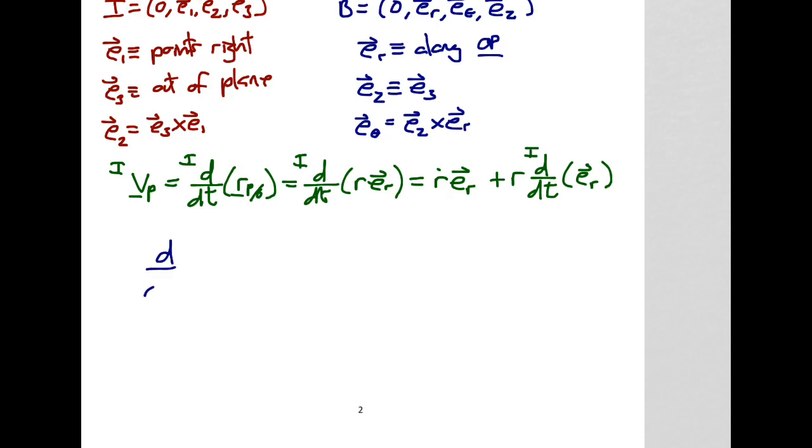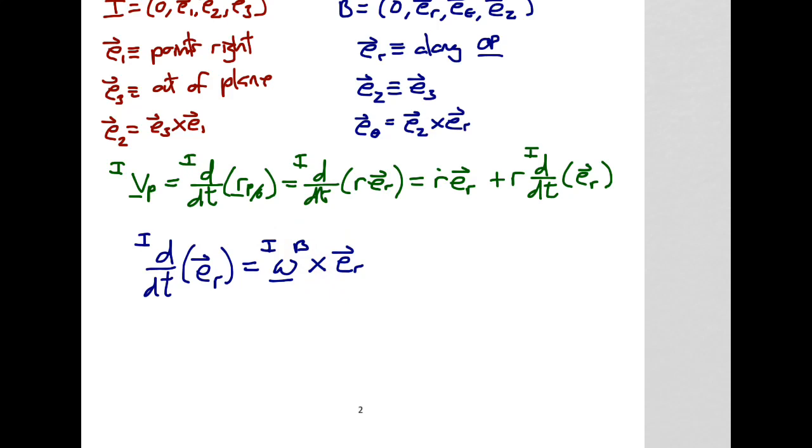d dt, the time derivative as observed in the inertial reference frame of the unit vector E sub r, is equal to, here's a new vector, omega b as observed in the inertial reference frame crossed with the unit vector E sub r. So what we said is that the time derivative of the unit vector E sub r, which is fixed in the reference frame B, is equal to omega b as observed in the inertial reference frame crossed with E sub r.